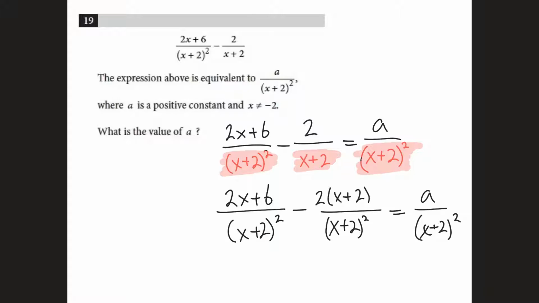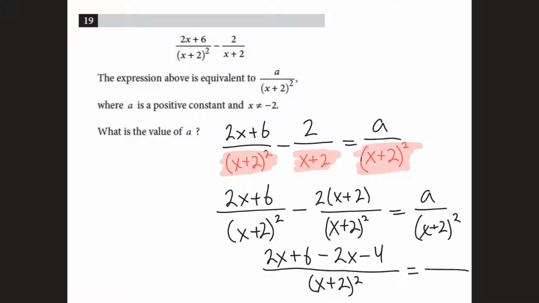Okay, so if I combine terms on the left, it's going to be 2x plus 6, and then I'm going to distribute that negative 2 across, so it'll be negative 2x minus 4 all over x plus 2 squared equals a over x plus 2 squared.